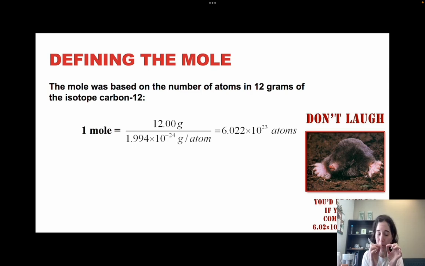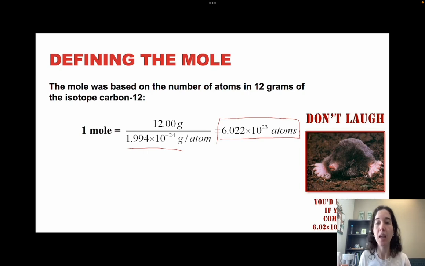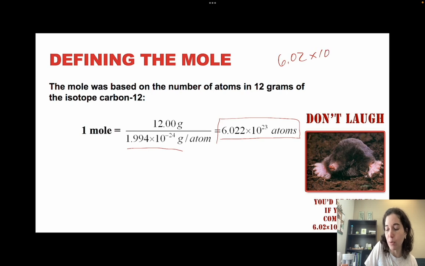This is an extremely tiny number per atom. So they have the mass of each atom of carbon-12, and that is 6.02 times 10 to the 23rd atoms. And so this is what we call a mole, is this 6.02 times 10 to the 23rd.